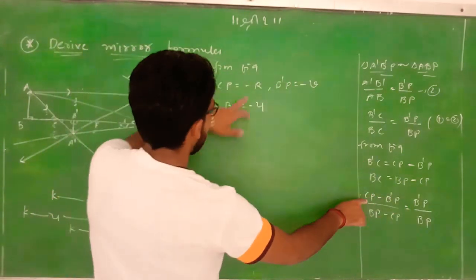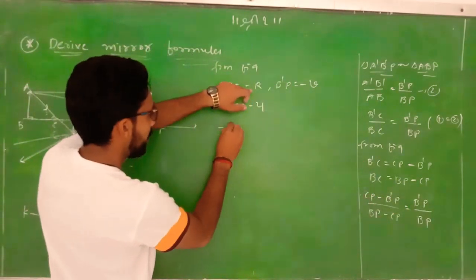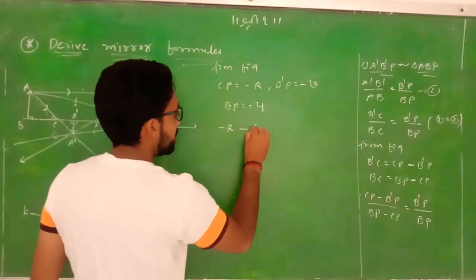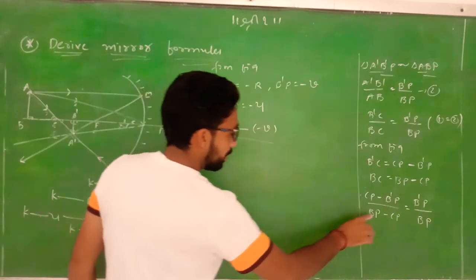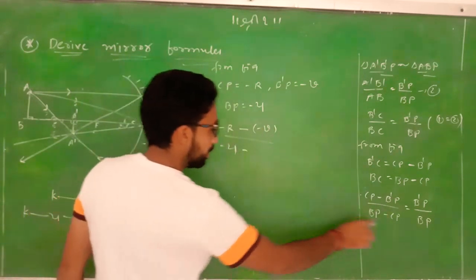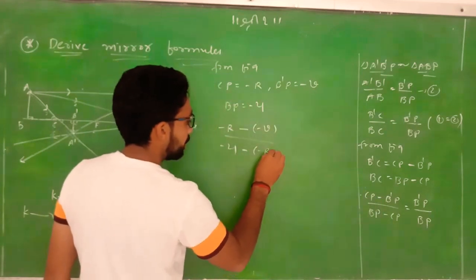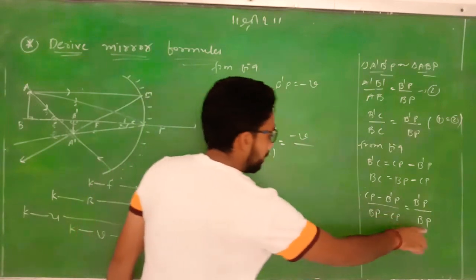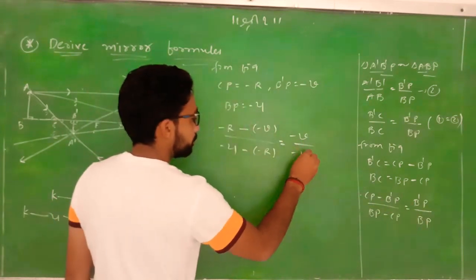So CP, that is minus R. So minus R, minus is there B dash P, so that is minus V, divided by BP, so that is minus U, and this minus is there CP, that is minus R, is equal to B dash P, that is minus V, divided by BP, that is minus U.